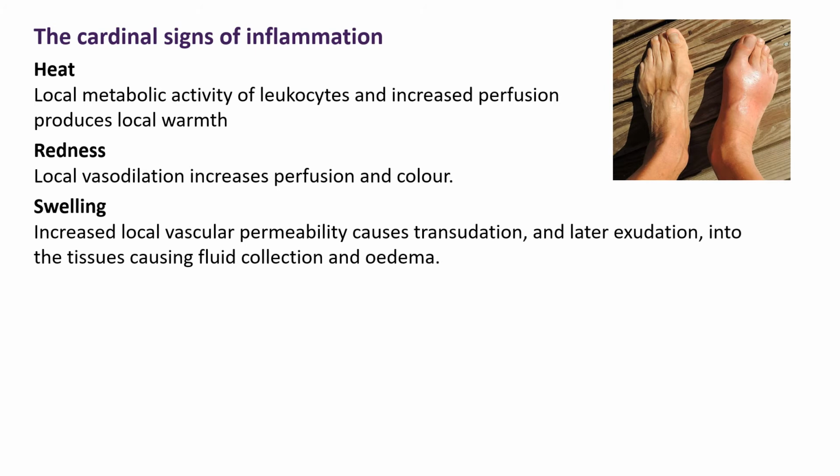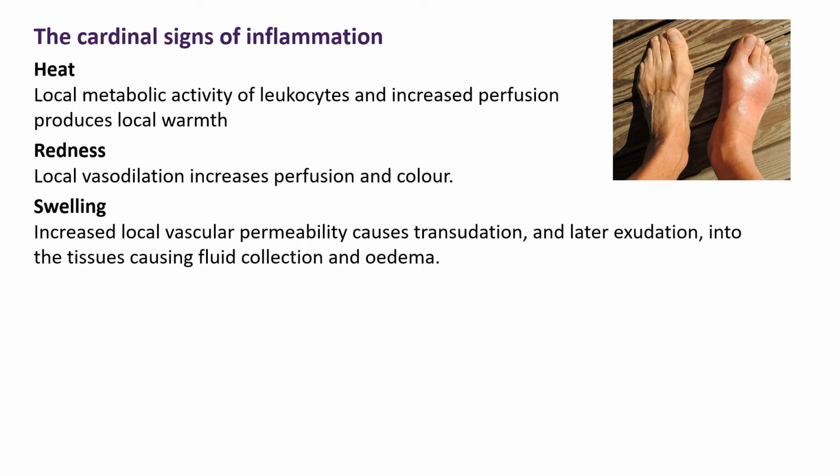As part of those vasoactive changes, we also have increased local vascular permeability. So we have endothelial cells shrinking down, increasing the gaps between them, so that fluid can leak out of the blood, and bearing in mind that most of the blood is plasma and most of the plasma is water, initially this will be transudation.